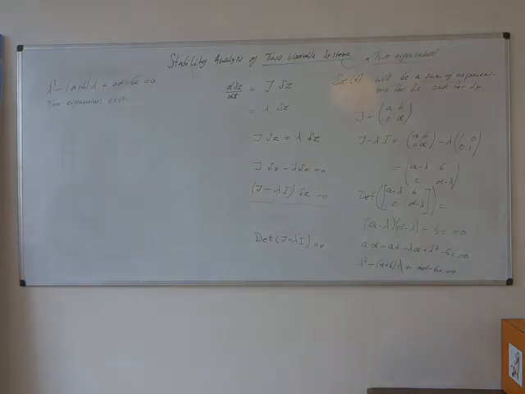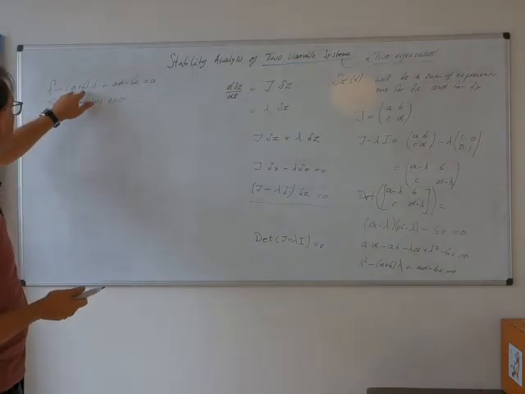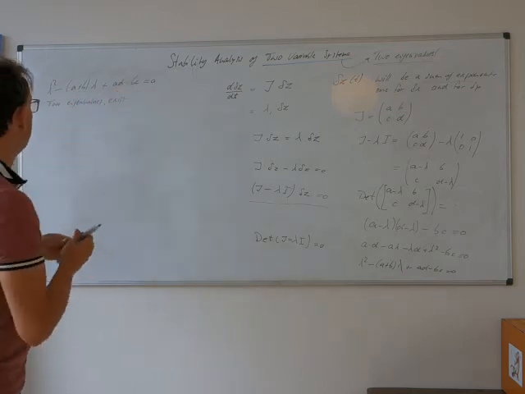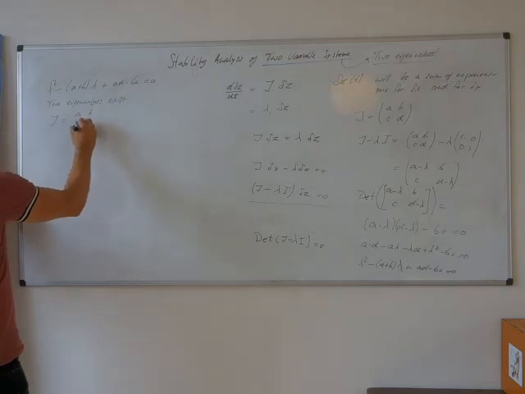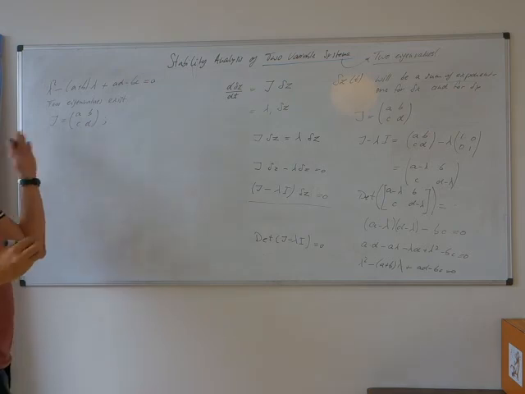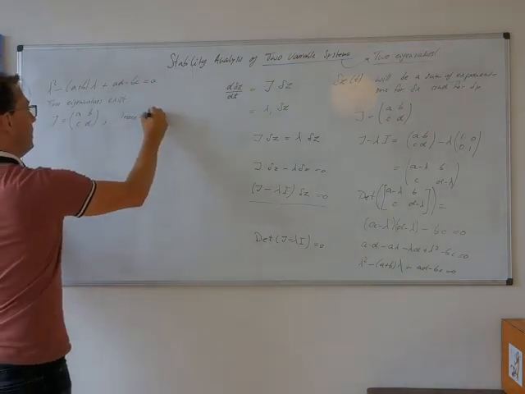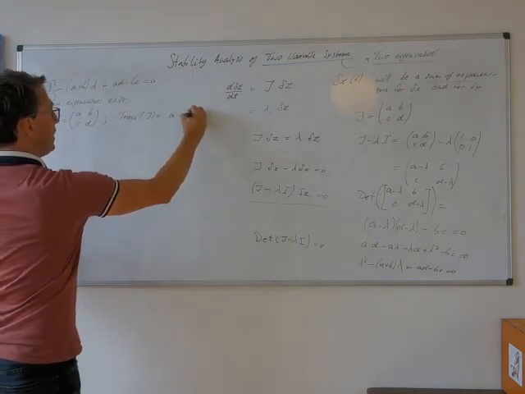And you also may notice something else, is that only two things matter: the sum of A plus D, and this term. Now, the original matrix has all kinds of linear algebra properties, of course, but one of them is the trace of J, and that is the sum of its diagonal terms.